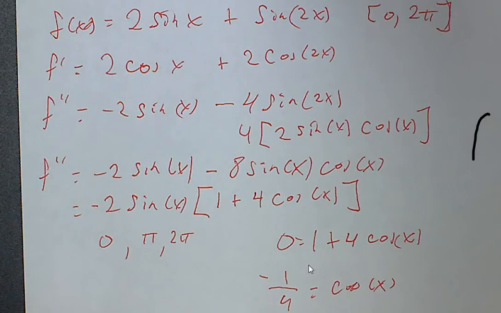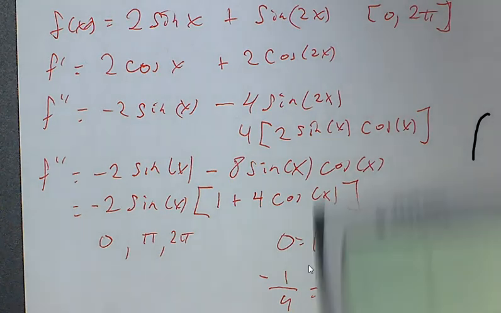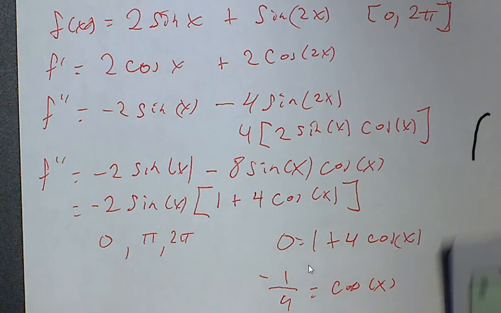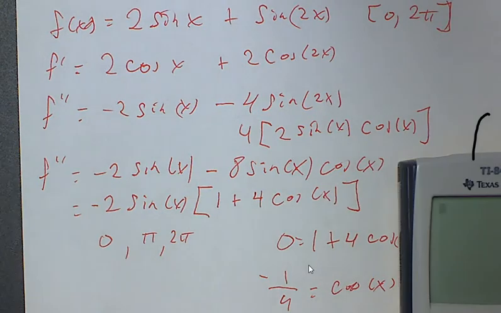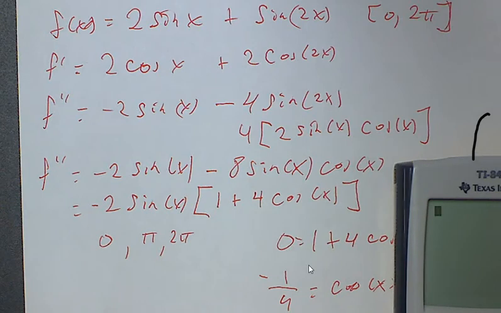So I could do arc cosine of negative 1/4, but that's not going to give me every answer. That's just going to be the first answer. So you'd have to add pi to that maybe? It'd be 1.8. I think you had to add pi.